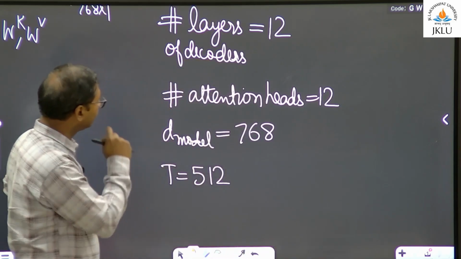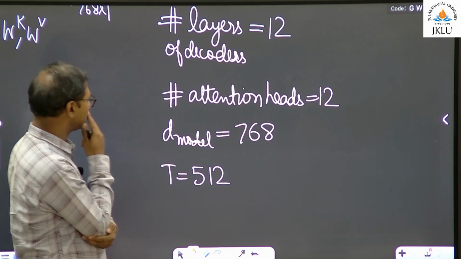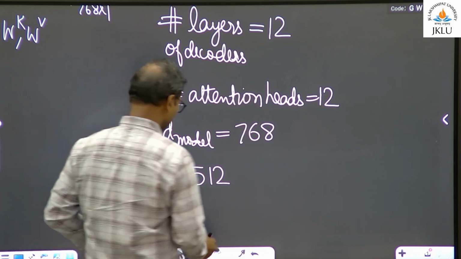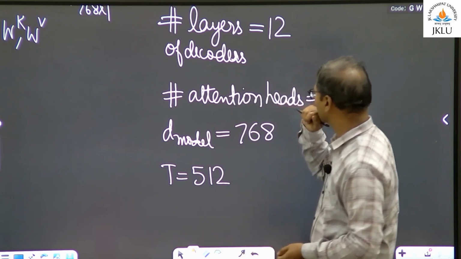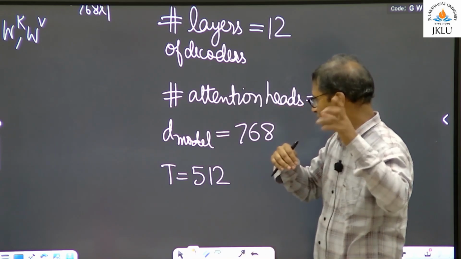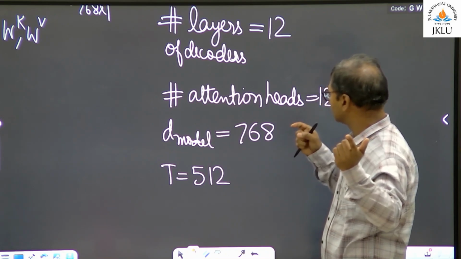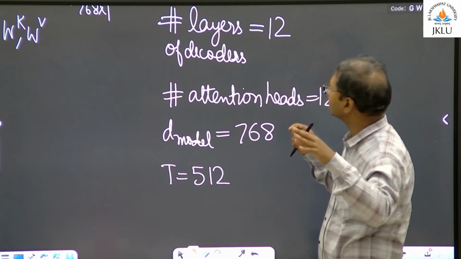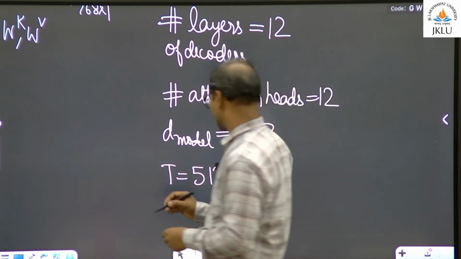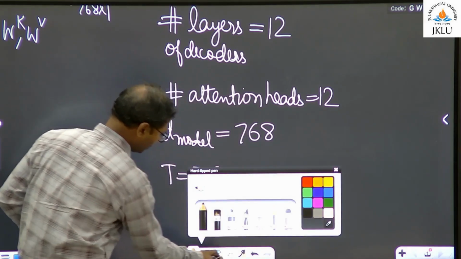Okay. I don't see anything else. So I think given these, you should be able to compute everything. So you start from X, you compute QKV, then you compute softmax, then you concatenate. But we have done it before.